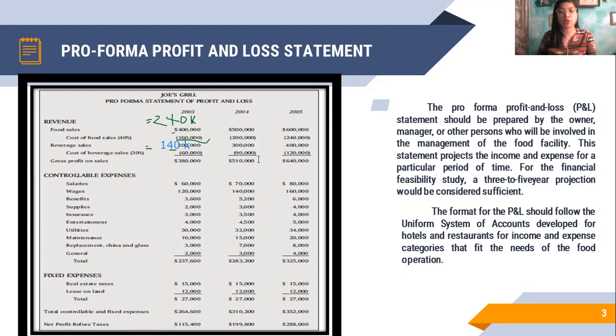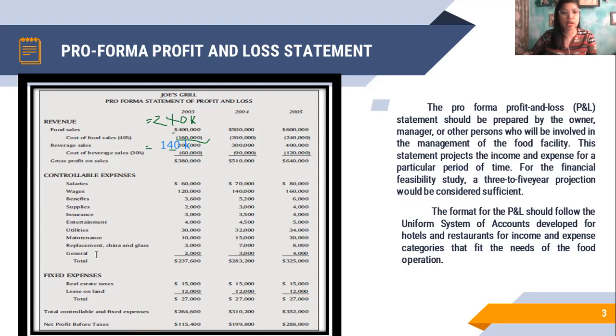If you are going to operate a restaurant, or the facility that you are going to put up, you need to have realistic research or figures for that. Okay, and then for controllable expenses, you have the following criteria: salaries, wages, benefits, supplies, insurance, entertainment, utilities, maintenance, replacement for the equipment, for plates and other materials in your operation.